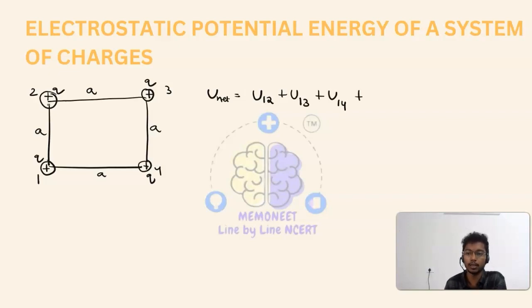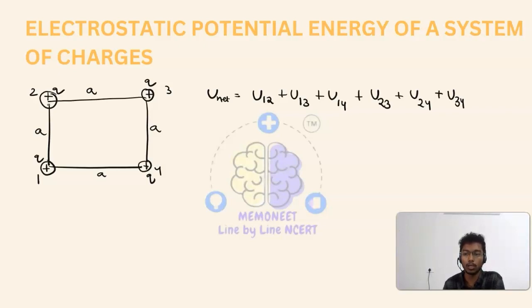Then for the second set we have U21, which is already done here, then U23 plus U24, then plus U31, which is done here, U32, which is done here. And the potential energy between the interaction of the third and fourth charge, U34. The fourth one is already completed, so we don't have to repeat anyone.